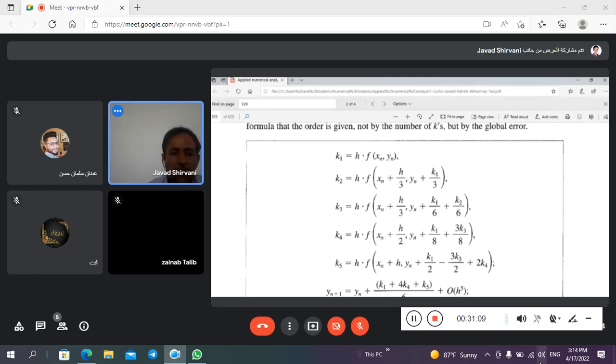We use this formula: three eighths k3, multiplied by k3.